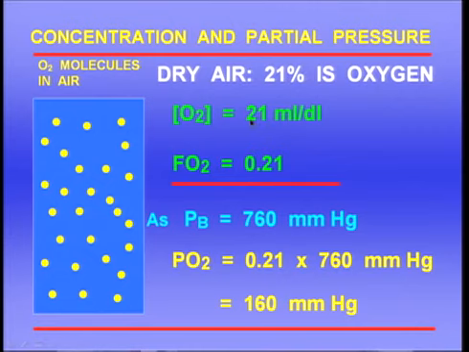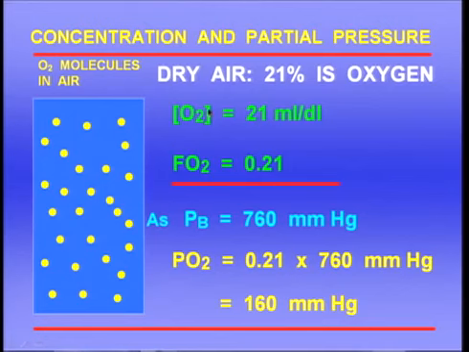Now, percentage concentrations all add up to 100. But in some cases, it's more useful to use what are called fractional concentrations. The only difference is that the fractional concentrations add up to 1. So the fractional concentration of oxygen would be 0.21, and all the fractional concentrations of the gases would add up to 1. Now let's look at the notion of partial pressure.